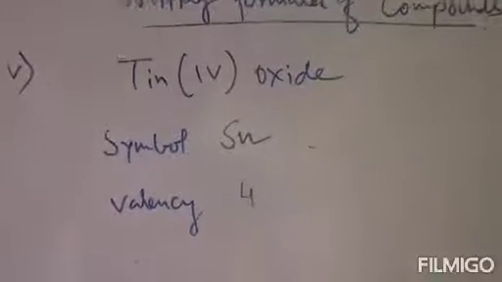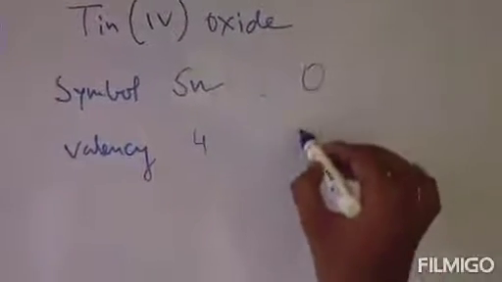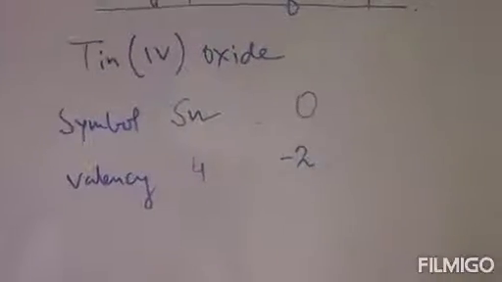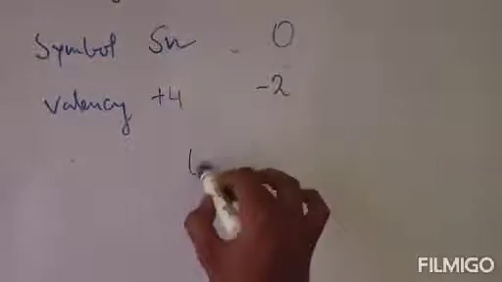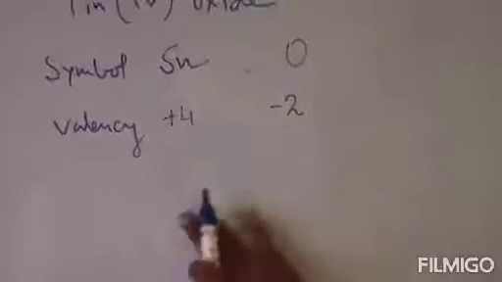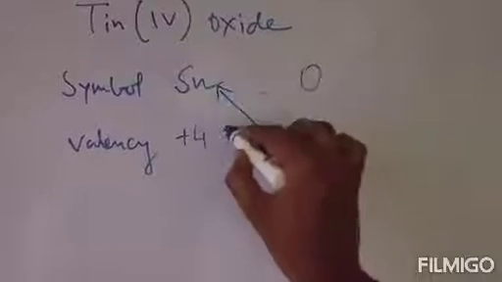Next, oxide. So the oxide symbol will be O and it will be -2, and tin will be +4, because oxide means O2-. Clear? Now cross multiply.